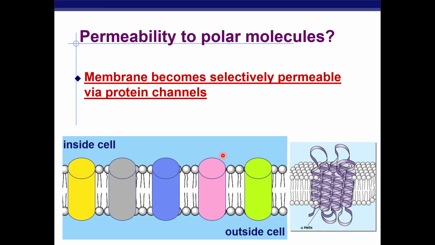The items can diffuse without help of a channel. They're very small, the O2, CO2, small lipids, so they can squeak by, but these channels allow them to move through faster. Most of the nutrients that we need within the cell, they need some sort of assistance across that membrane, so they're going to need some kind of channel to get across.